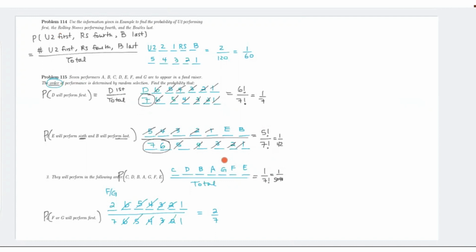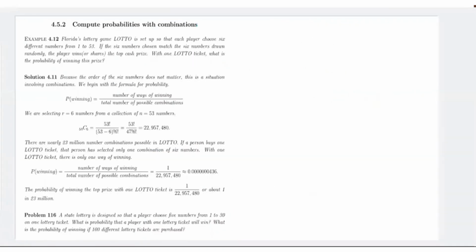Order matters, okay? All this, order matters. If order matters, you use the bar like this. So things like that, nPr. Order matters. The next page, order does not matter.